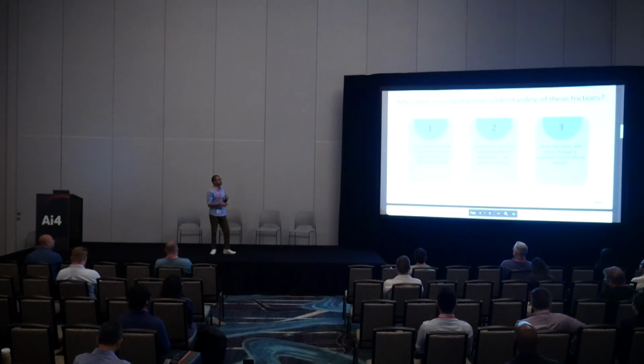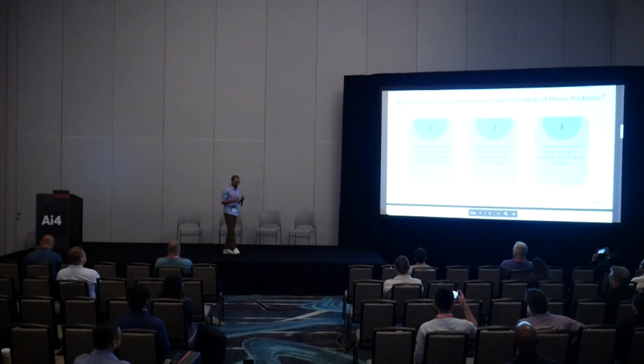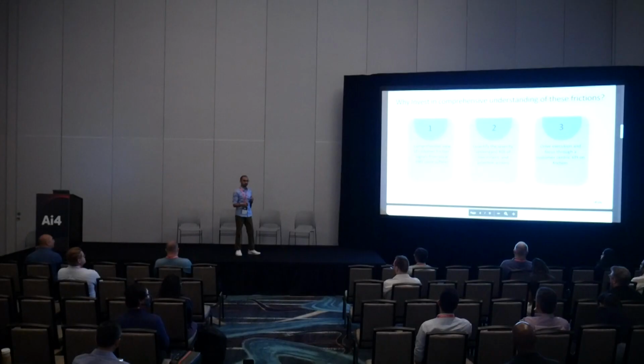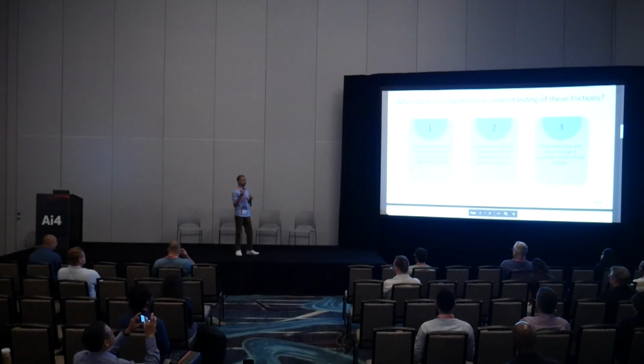So let's talk a little more about why we invest in a comprehensive understanding of this friction. What do we get out of it? As any retail company or marketplace, what we try to understand from our customers is how their transaction went. You listen to your customers, you address their needs, and you want a comprehensive view. Most of the time we get views from our vocal customers, which is great.